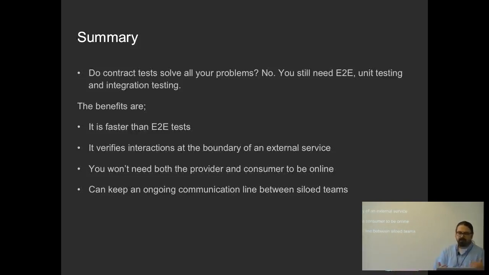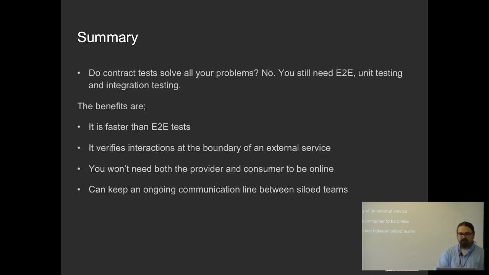However, contract testing allows you to do very fast testing against your API or microservice and make sure that contracts are satisfied, right? Making sure that when two teams are working on different microservices, they don't break each other's stuff. So the benefits again are it's faster than end-to-end tests.